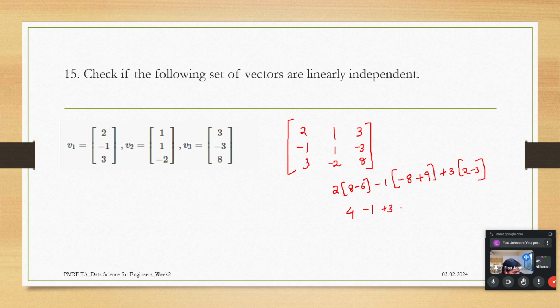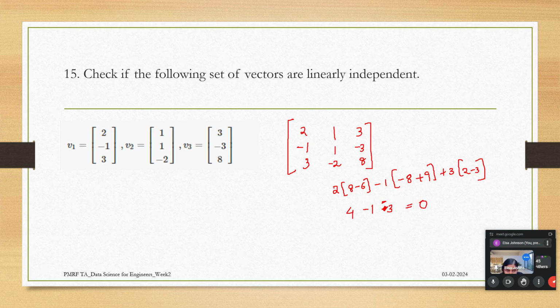So I think here it's minus, here it's minus, so what will be the answer you're getting? Ravi, the determinant will be 0, right?